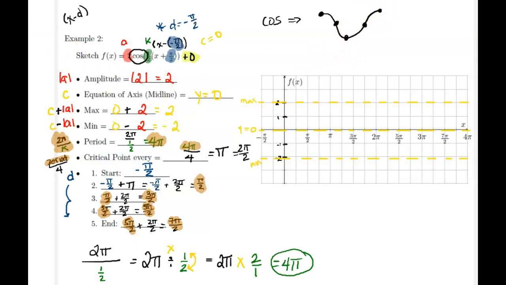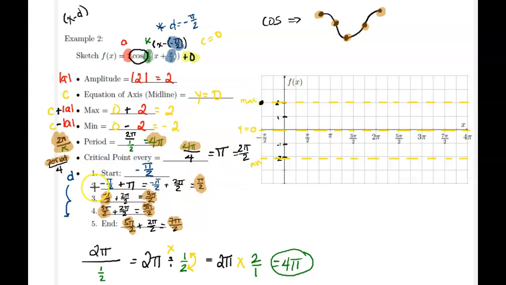So I can use that to plot all 5 of my critical points. My first critical point is going to be at -pi over 2, and according to cosine, it's going to be at my maximum, so it's going to be up here.